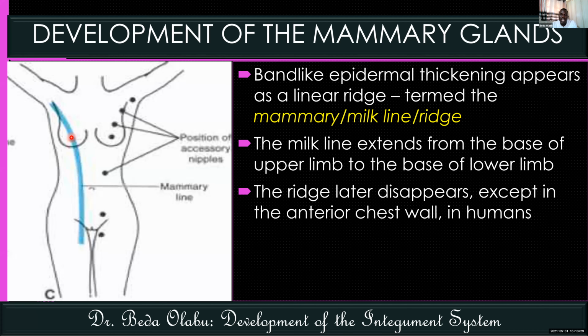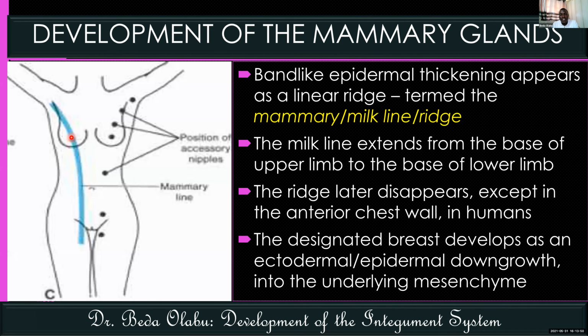But in other animals like dogs, they have a line of breast tissue, so for them, multiple sites will remain. But in humans, you only want one breast on one side and another on the other side. So the only parts that remain are the ones in the anterior chest wall.